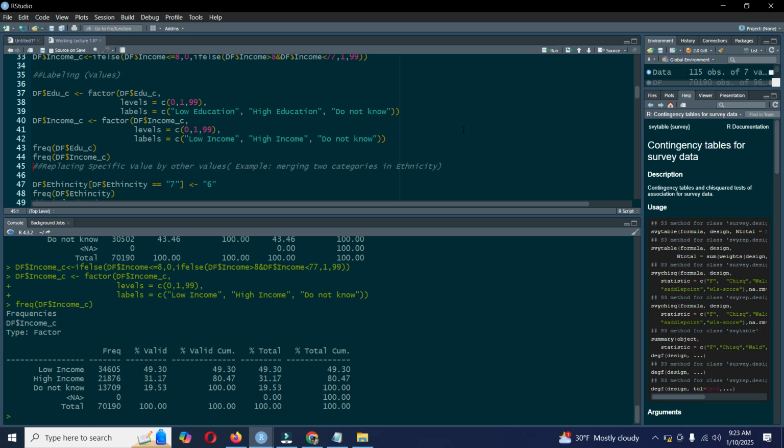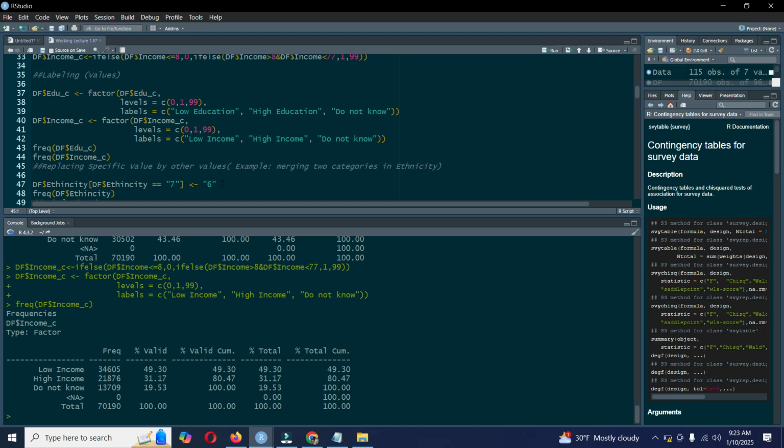Similarly, if you want to merge some categories into other, for example, for ethnicity, we may have some ethnic groups with very small frequencies, then we can merge that category into the other category. For example, I had seven categories for the ethnicity, so I am just merging seven category to the sixth category.